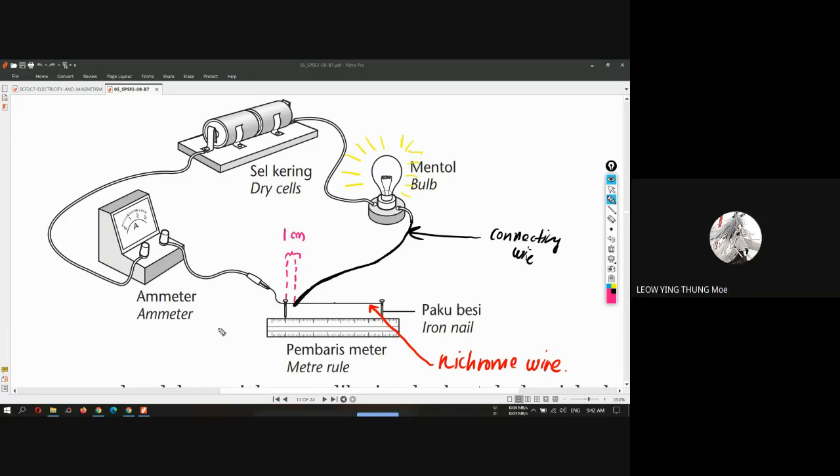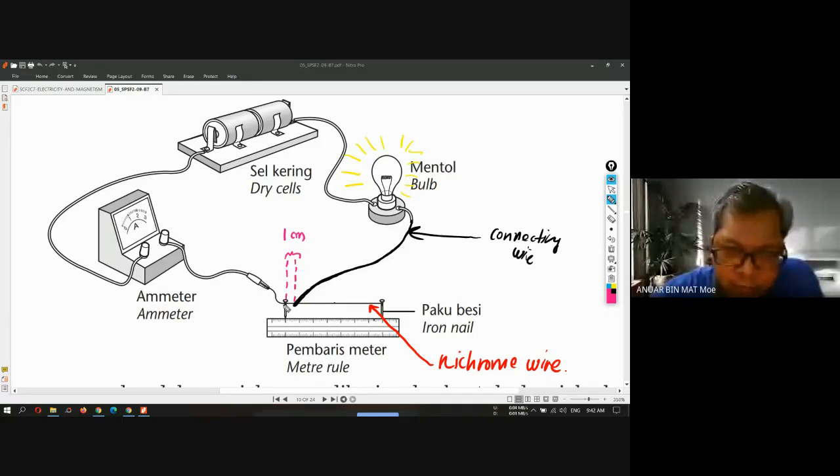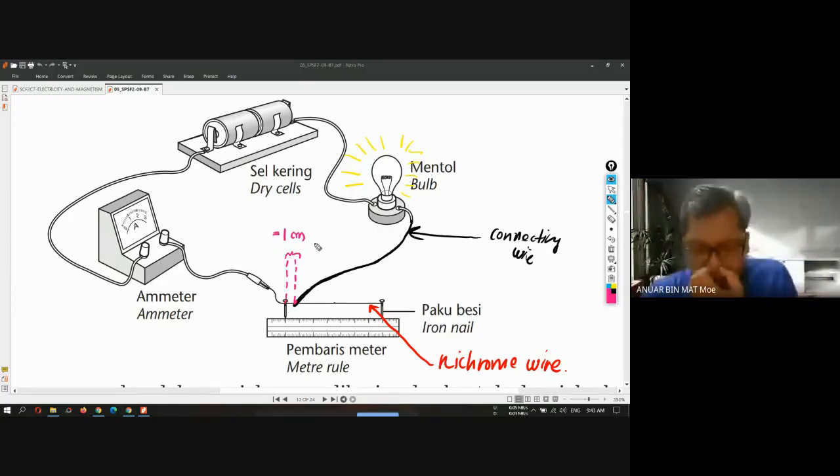Yes, okay. Because here we have two from the emitter, we connect this and then this first, and the length of nichrome wire we use to connect the current is only 1 centimeter in length.